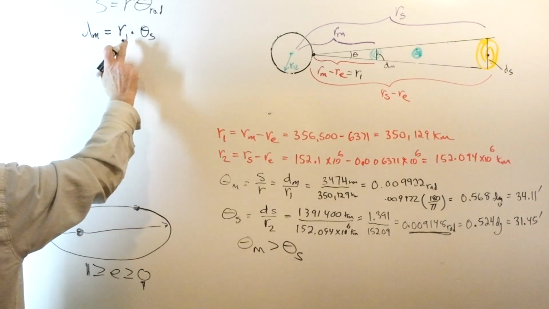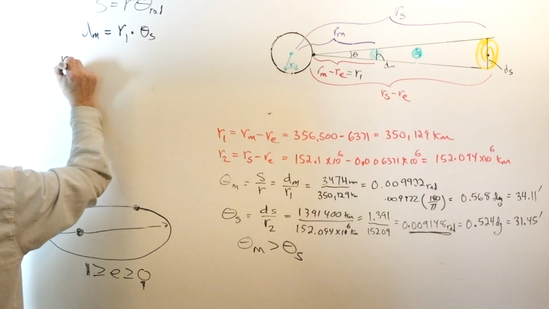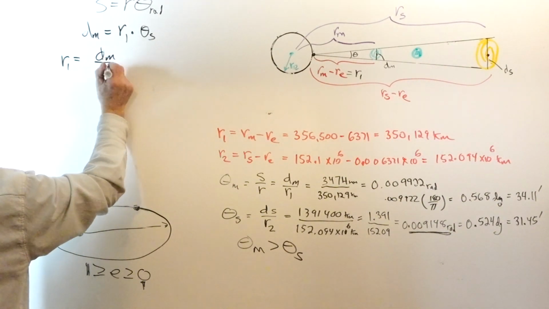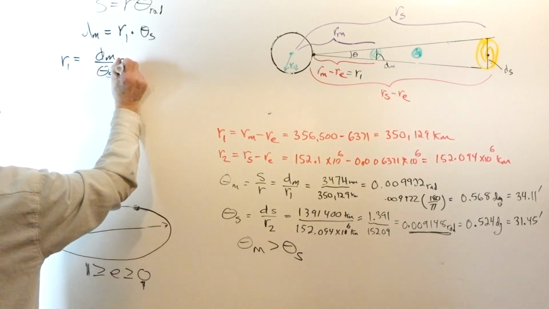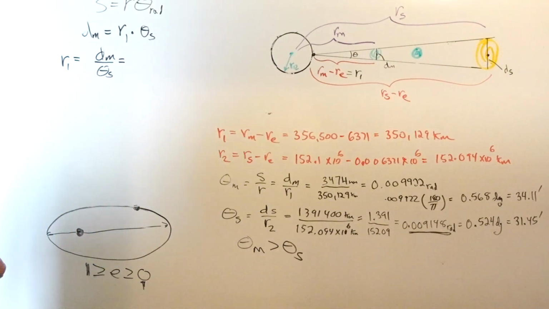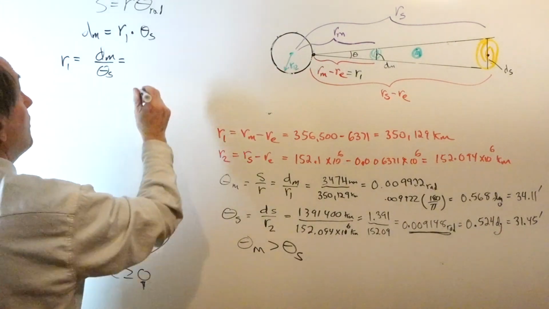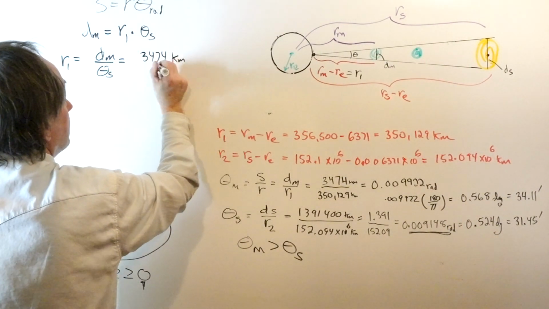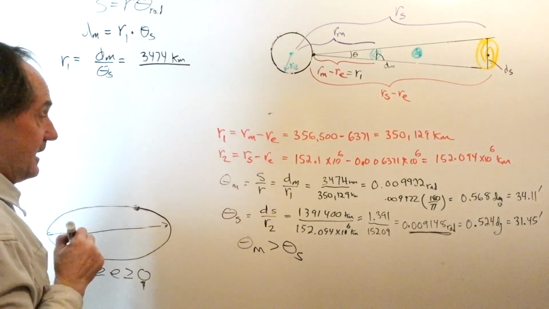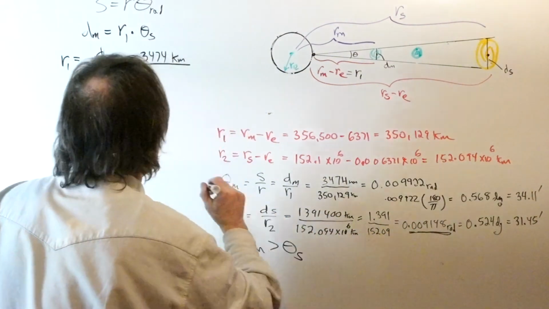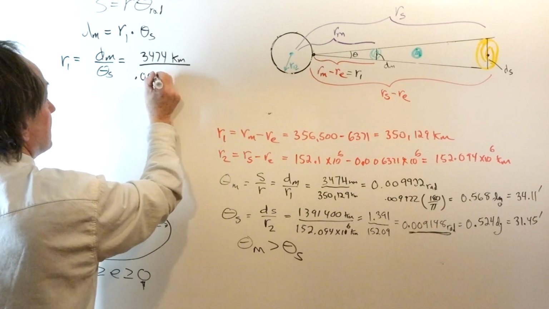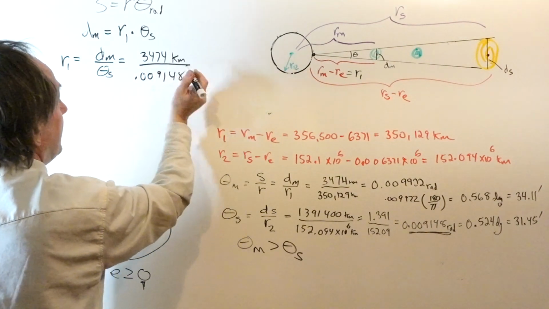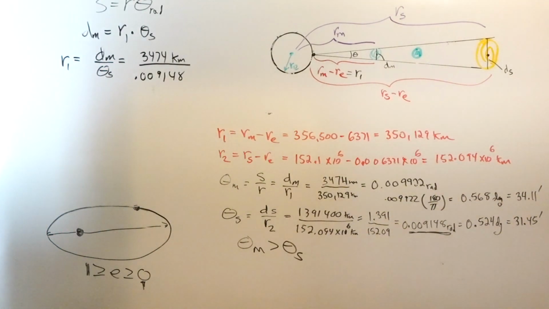So solving, the distance R1 will just be equal to the diameter of the moon divided by the angular size of the sun. The diameter of the moon is 3474 kilometers, and we divide by the angular size of the sun, which is 0.009148 radians.